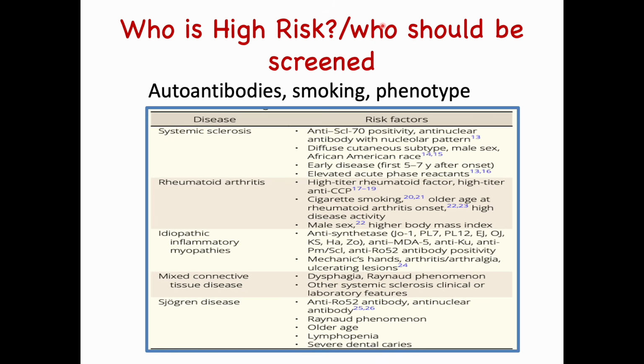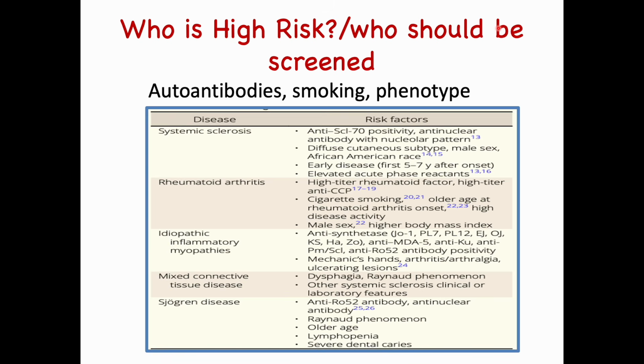If the patient has clinical signs like mechanic's hands or ulcerating lesions, again they are at high risk and they should be screened. When we come to mixed connective tissue disease, patients having Raynaud phenomenon, dysphagia, or other features like systemic sclerosis, they should definitely be screened.